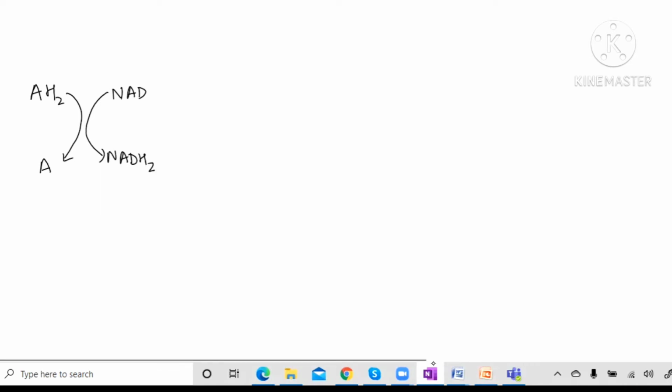Now try to understand: if any substrate is changing into a product, it is giving its hydrogen to NAD, which forms NADH2. You know very well that it is NADH plus H plus, so let me write it in full. And this is NAD plus.